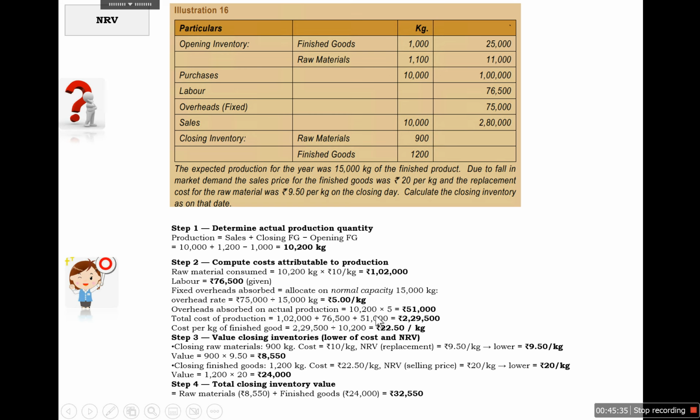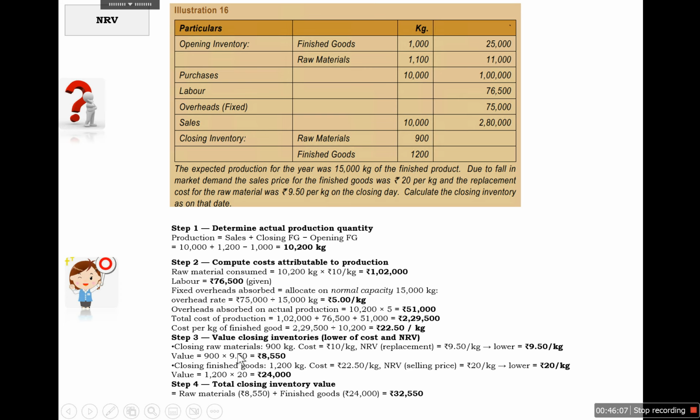So 10,200 into 5 is 51,000, and the remaining amount, 75,000 minus 51,000, will be booked as a capacity loss. So total conversion cost will be 1 lakh 2,000 plus 76,500 labor, and 51,000 out of the fixed overhead. So total cost will be 2,29,500, and cost per kg of finished goods is 2,29,500 divided by 10,200, which is 22.5.